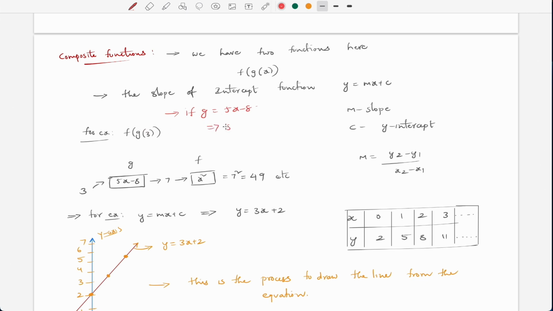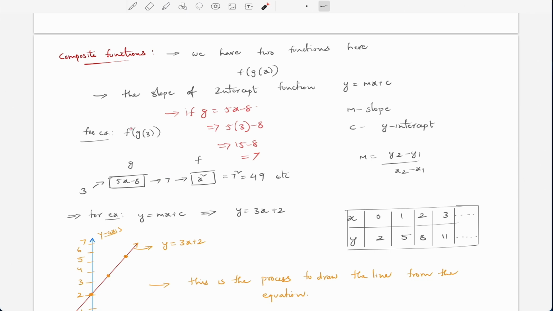So it becomes 5 into 3 minus 8, then that becomes 15 minus 8, which is 7, right? So I'm getting the value of the g function, and then it goes directly inside the f function, and that value becomes the x value. So the value of x is equal to 7, right?